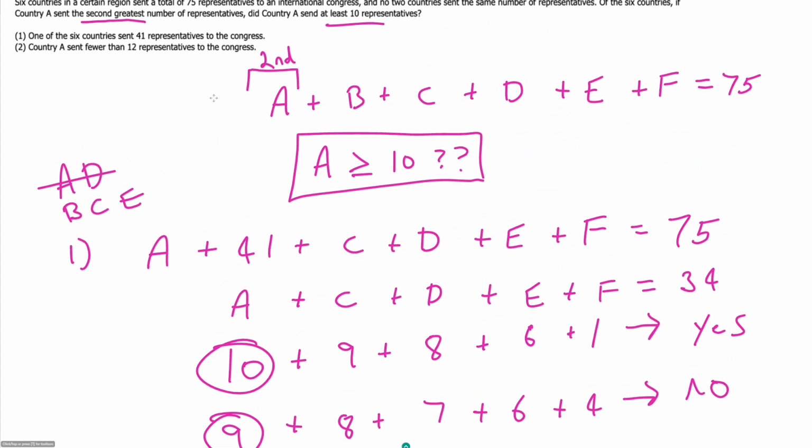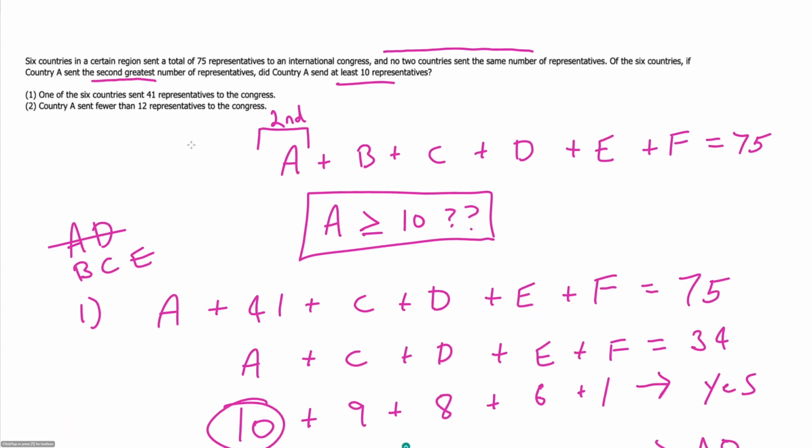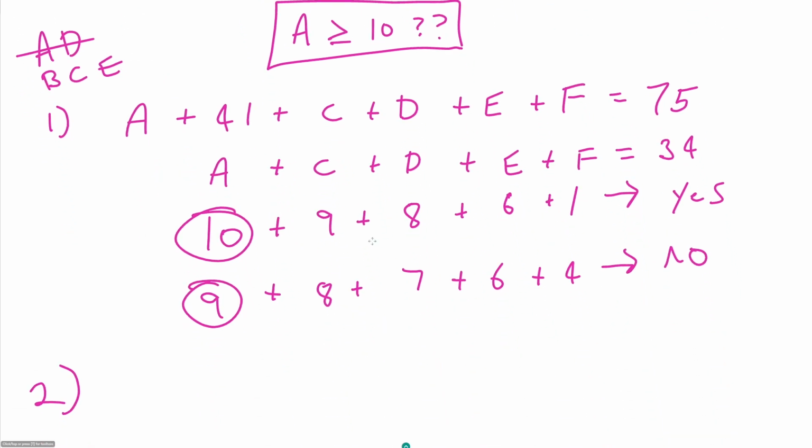Now that was a lot of work just for a single statement. Hopefully statement 2 will not require as much. Country A sent fewer than 12 representatives to the Congress. This is good because we were organized and took the time to think of good numbers in statement 1. I can see that I can reuse both of my examples from statement 1 in statement 2, because both of my values for A are less than 12.